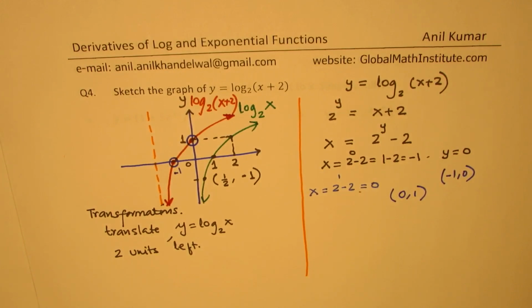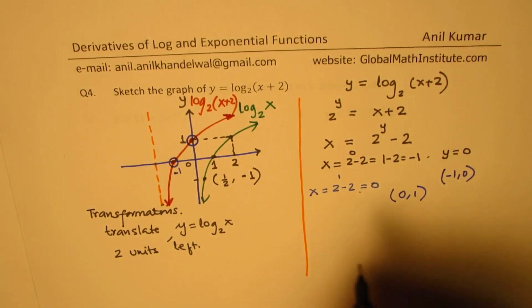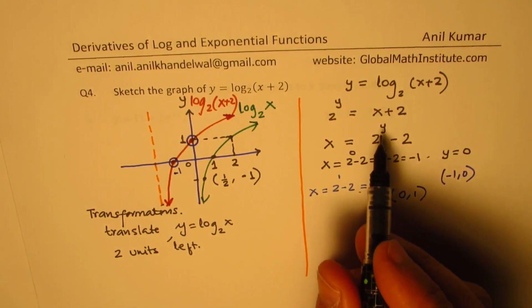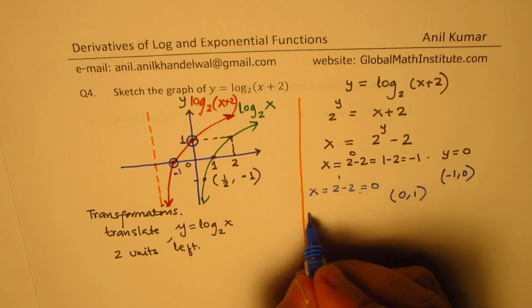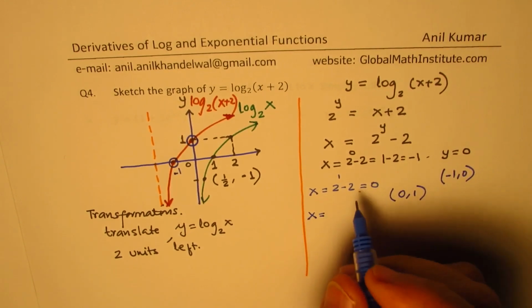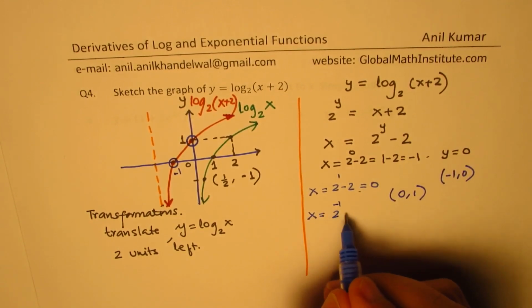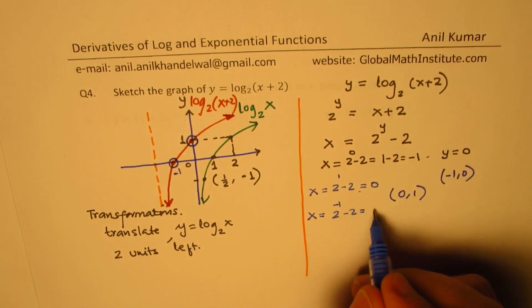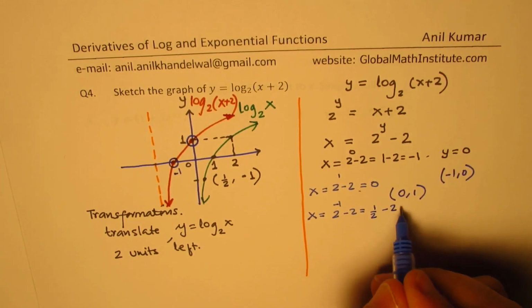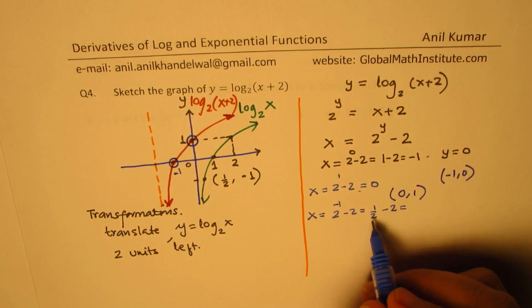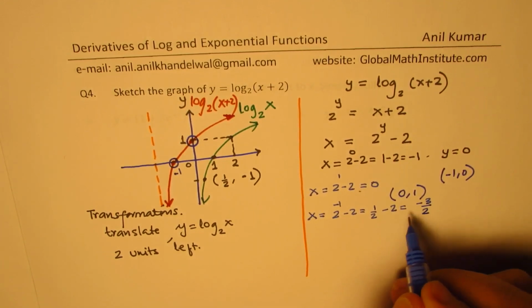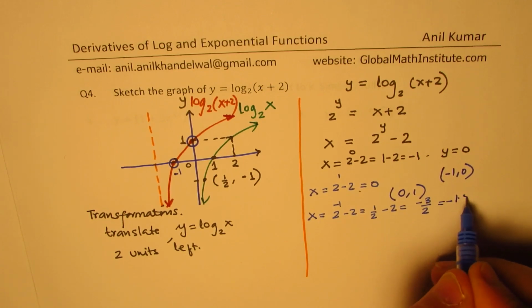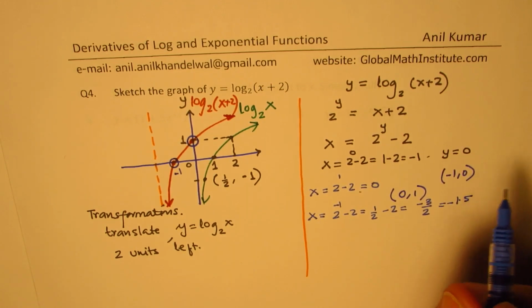Correct? And if I substitute -1 here, in that case we get x equals 2 to the power of -1 minus 2, which is half minus 2, right? Which will be (1 minus 4)/2, or -3/2, which is -1.5. Okay?